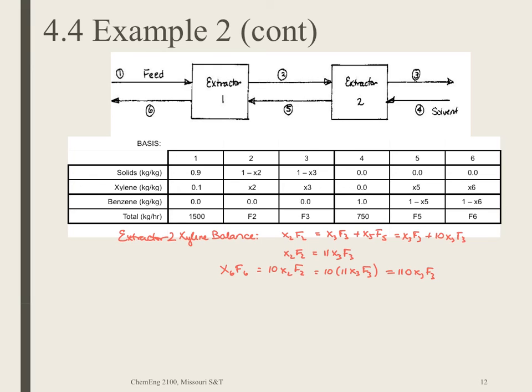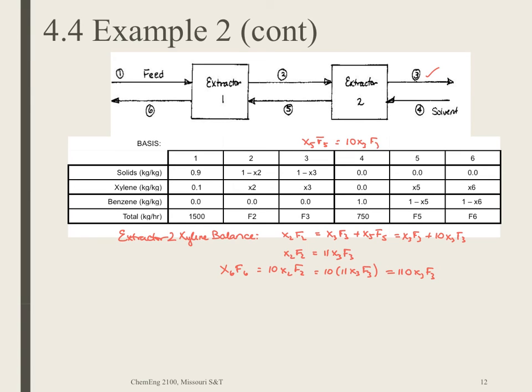And we had already stated with our process spec that x5 f5 equals 10 x3 f3. So I have all of these quantities of xylene in terms of one quantity, the amount that's coming out in this stream here. Okay, so let's see how that helps me.